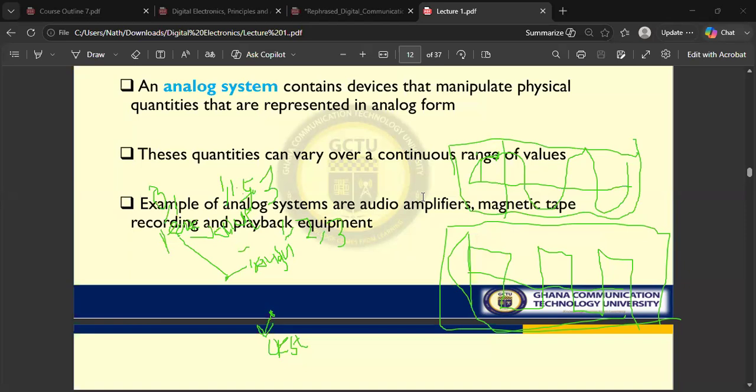Only one advantage of digital systems over analog systems, only one.